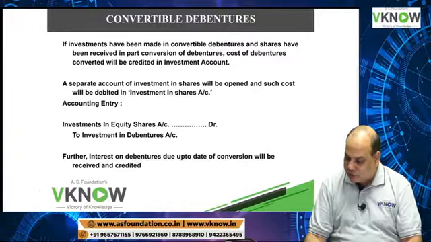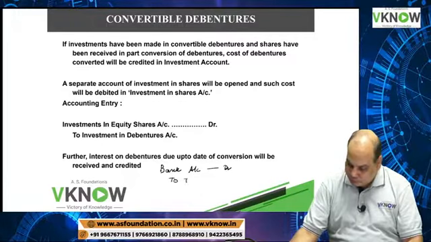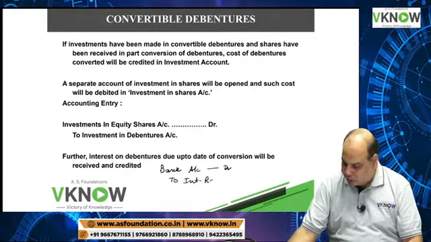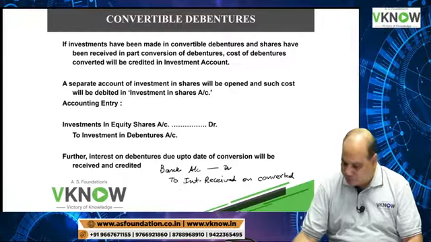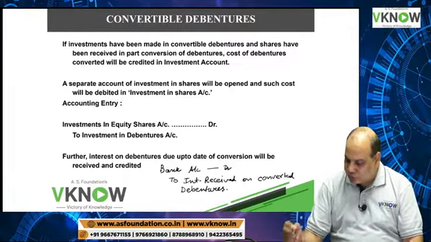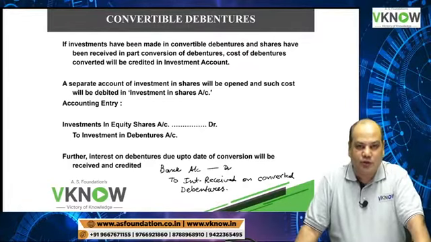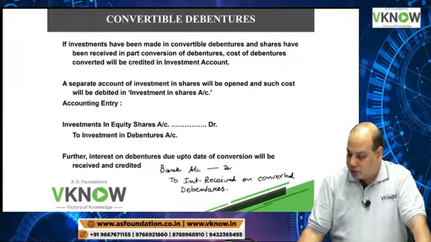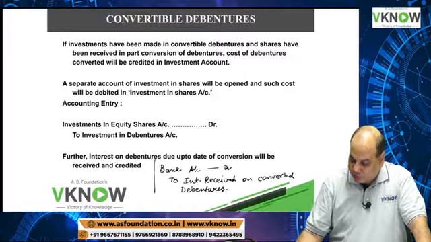So the investor will pass the entry as usual: bank account debit to interest received on converted debenture.